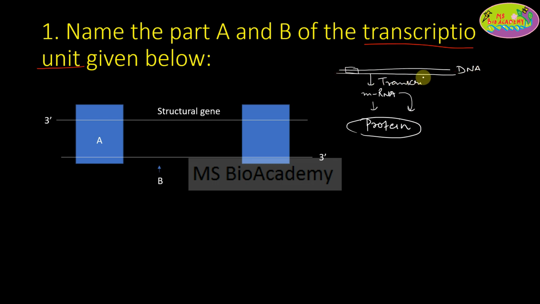I hope you know all these things. So transcription is nothing but the formation of RNA from DNA, and when the mRNA forms the protein, that process is called the translation process. And replication is nothing but when the DNA makes its own copy, then it is called replication.